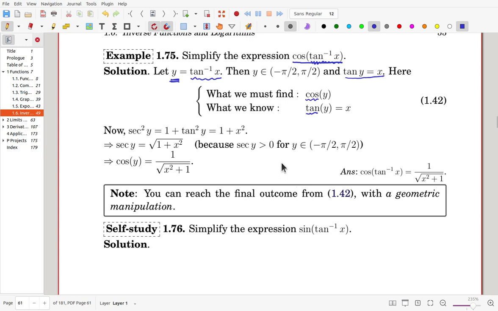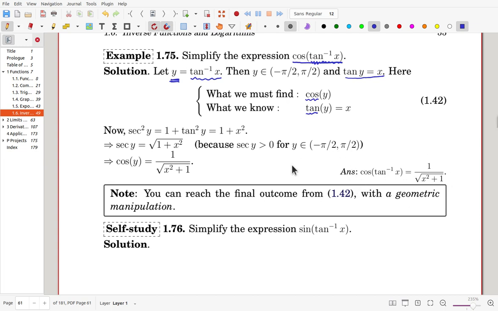The target we have to get is cosine y, so we take the reciprocal. That is 1 over square root of x squared plus 1. So that's the final answer.